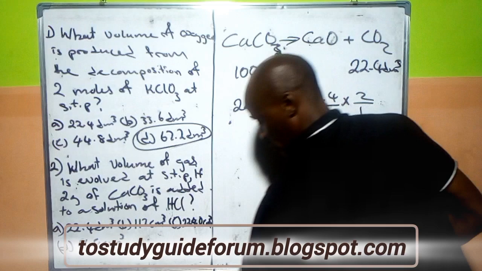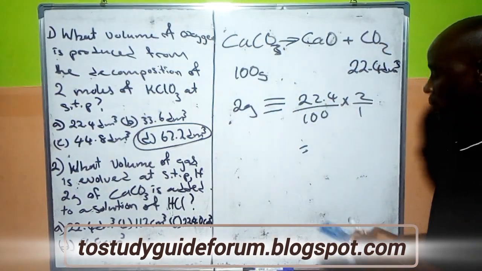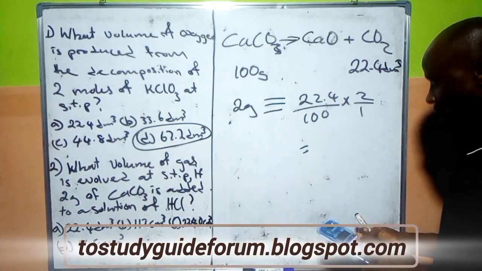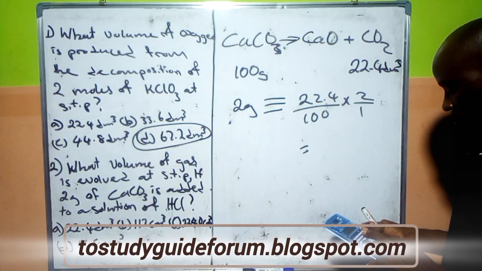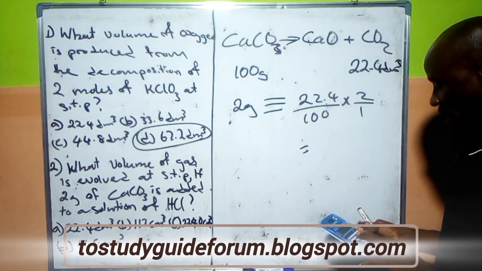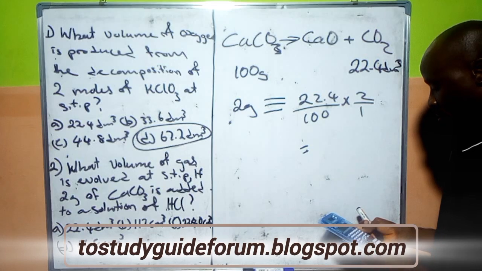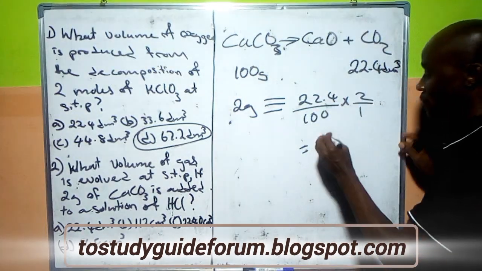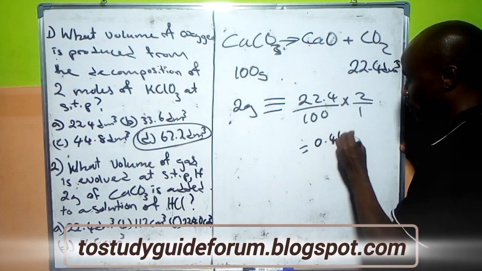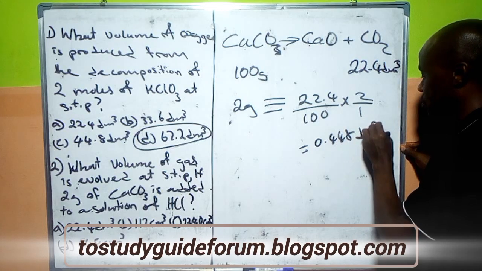So let's see what we will get there. We have 22.4 times 2 divided by 100. So we have 0.448 dm³.